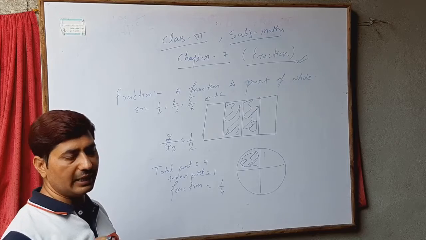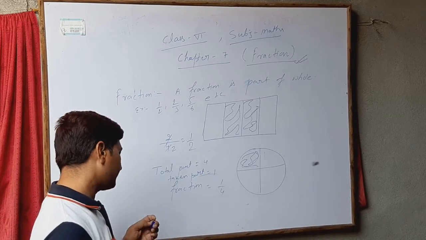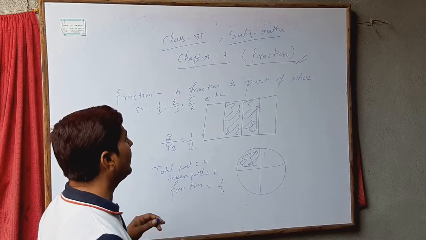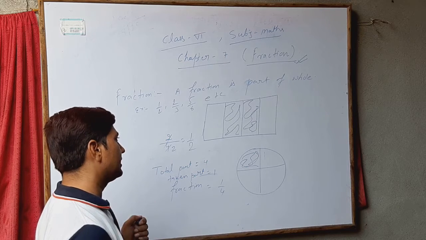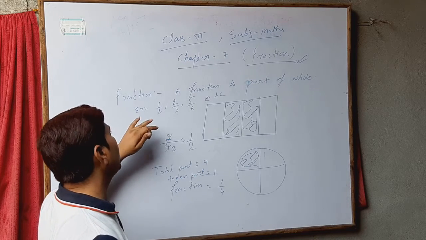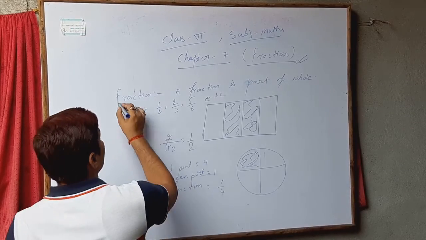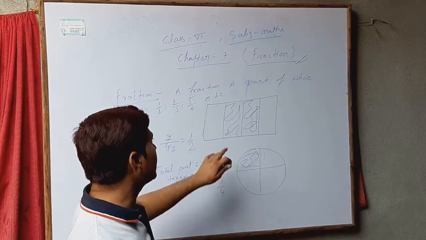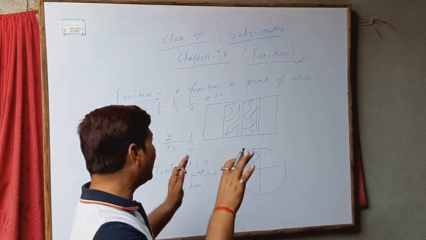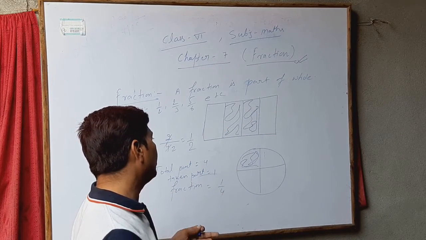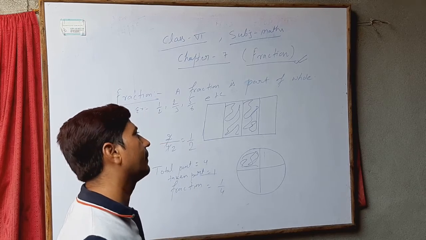So now my dear students, this is very simple. Never think that this is a very typical chapter and how will you understand. Just think about what is fraction, because this is your chapter. Fraction is a part of whole. पूरे का पार्ट है, पूरे के पार्ट को ही फ्रैक्शन कहा जाता है.